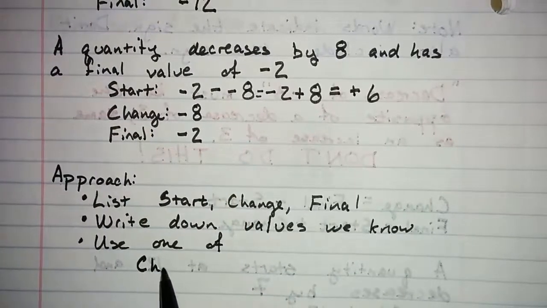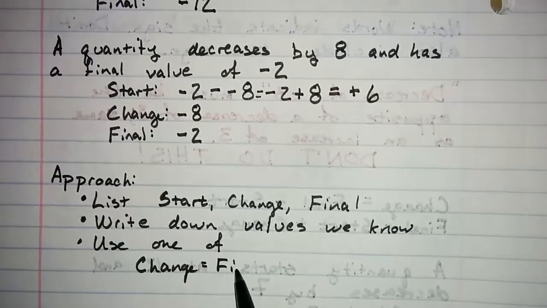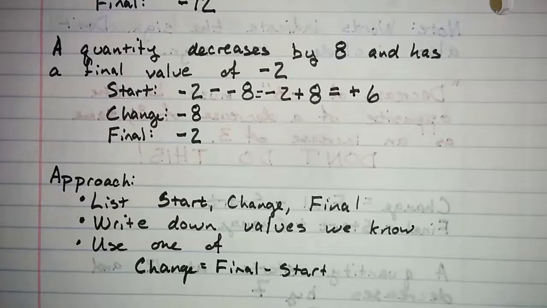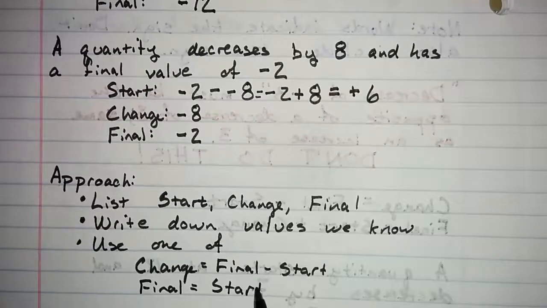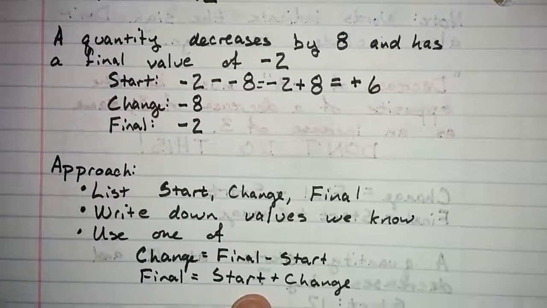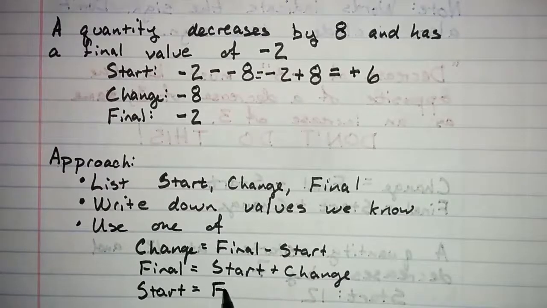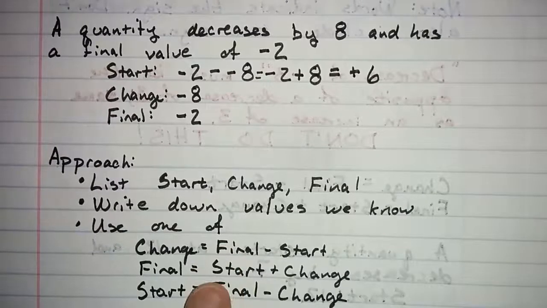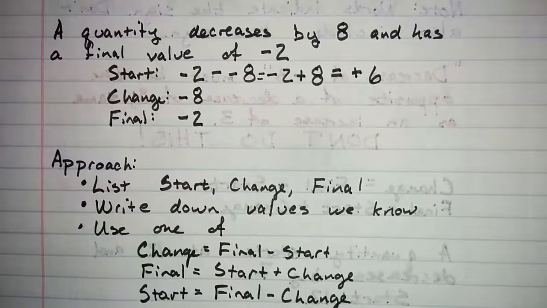Either directly, change is final minus start, or rewriting this as addition, final is start plus change, or rewriting this as subtraction again, start is final minus change. These 3 sentences all express the same relationship. We use whichever form is most convenient for us.